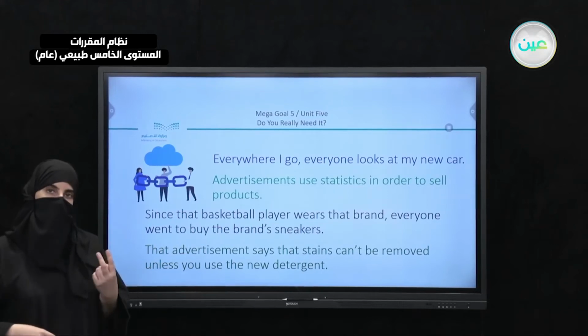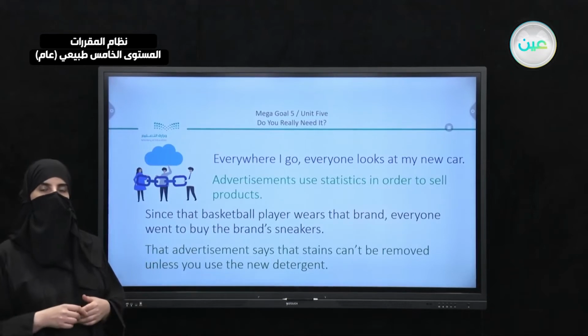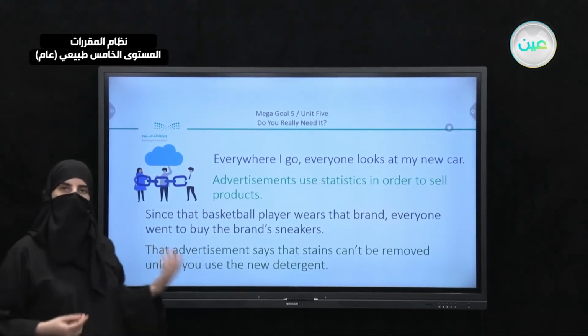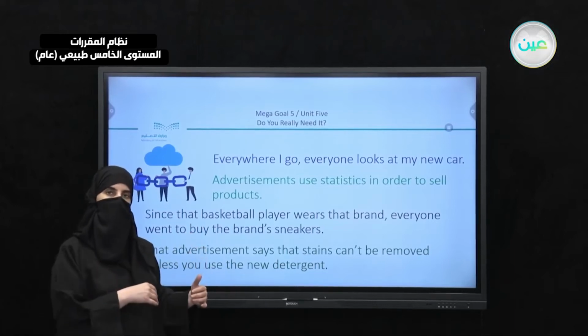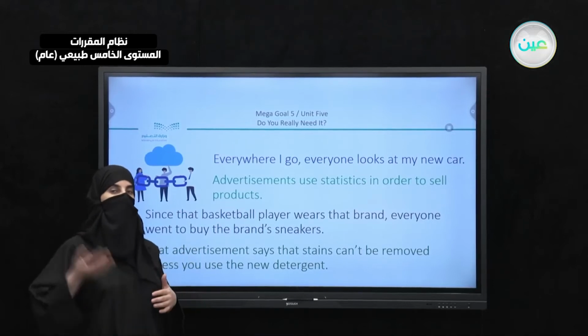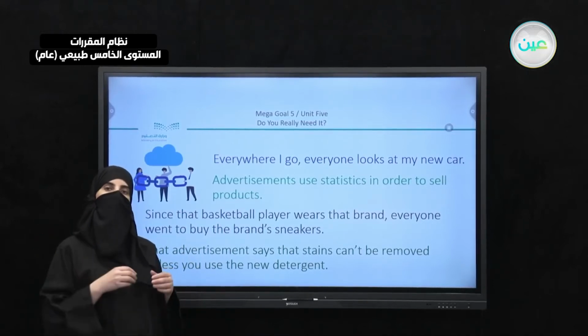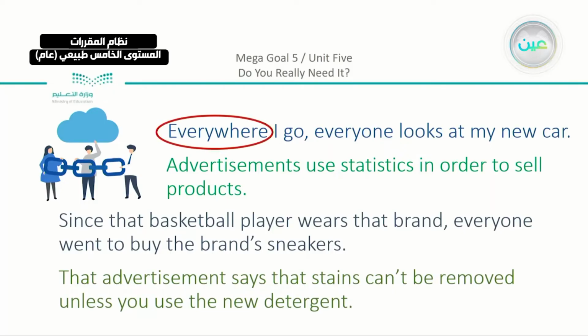So we have two ideas, which means that the sentence actually has two clauses. Remember from Unit 4, we talked about clauses. A clause is an idea in the sentence. Unit 5 is very similar to Unit 4, because we are going to talk about clauses, and also about everywhere, in order to, since, and unless, which are conjunctions.